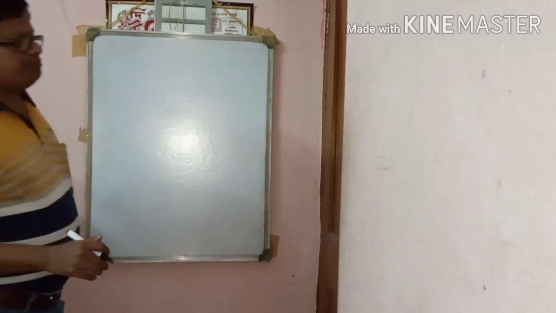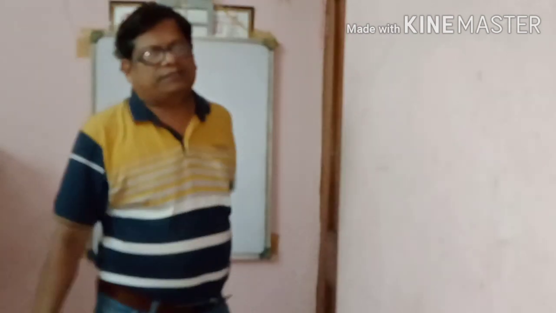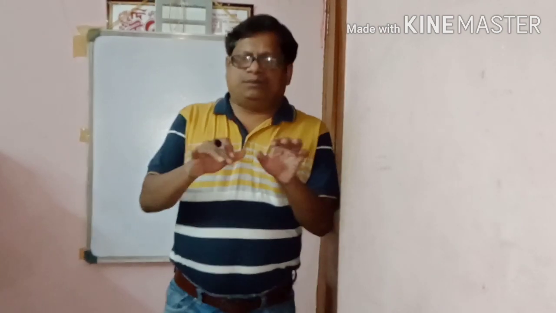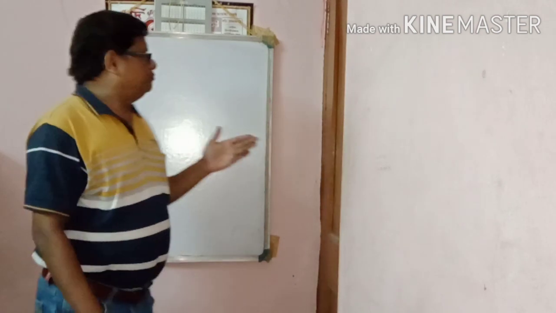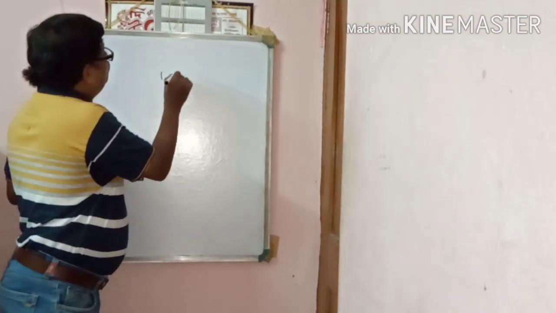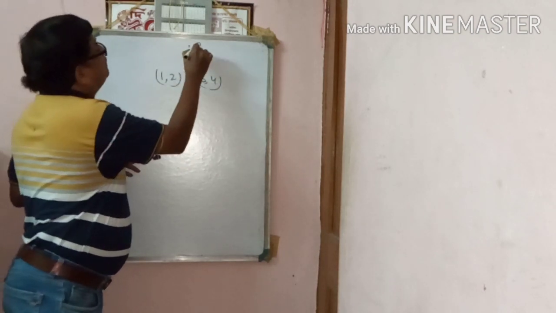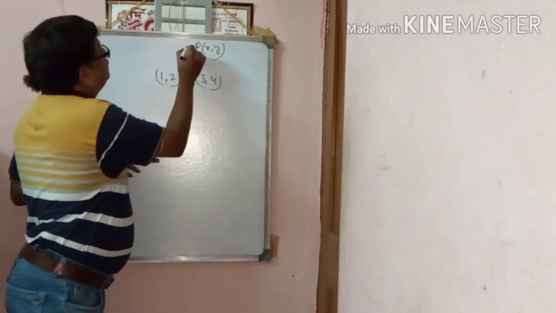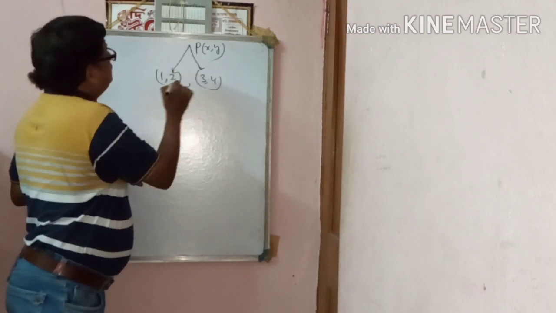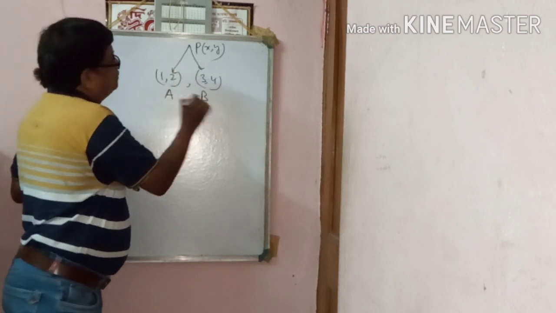Suppose a point is moving in such a way that the distance from any point, suppose (1, 2) and (3, 4), the point P is given x, y. This distance and this distance are equal.